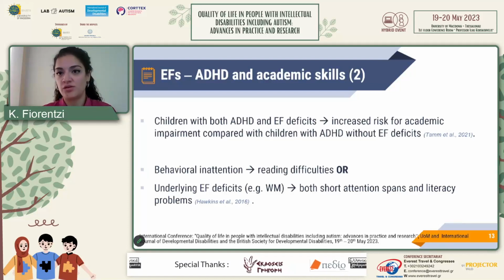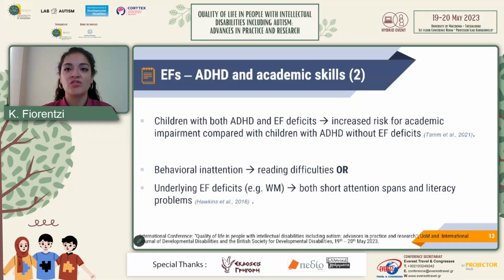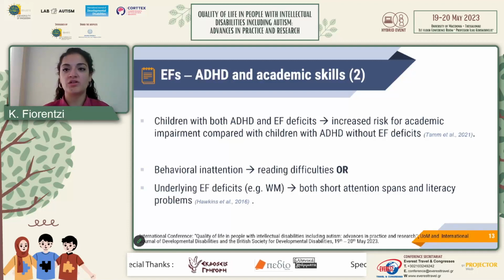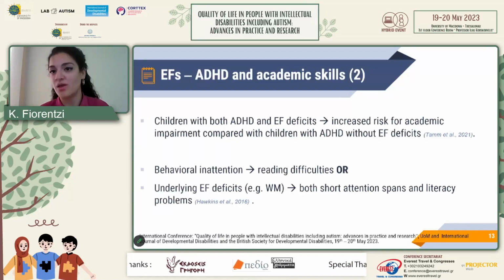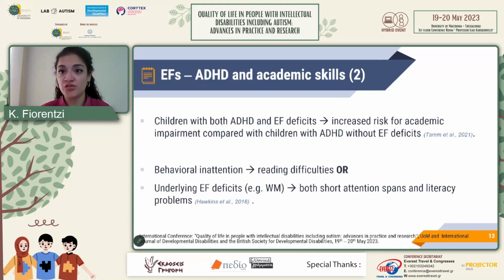Behavioral inattention is very important even in preschool age. Behavioral inattention in kindergarten has been linked to difficulties in reading comprehension and generally in reading skills and mathematics skills later on in the first grade.